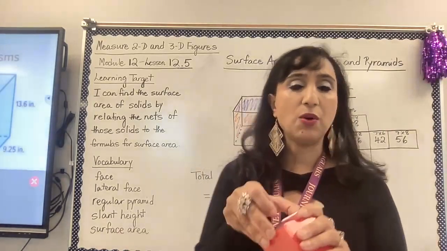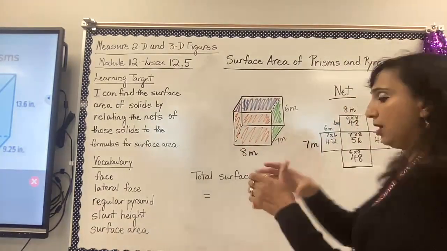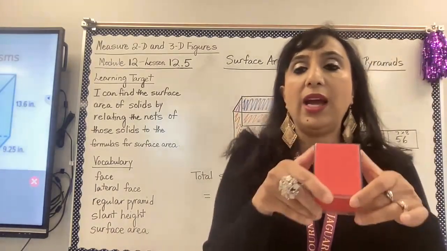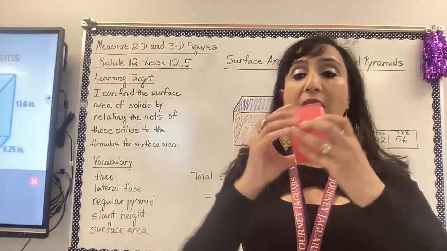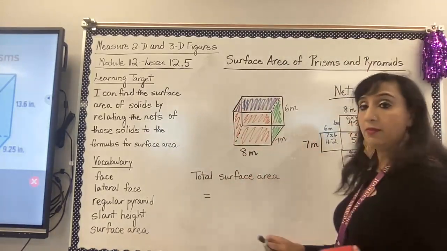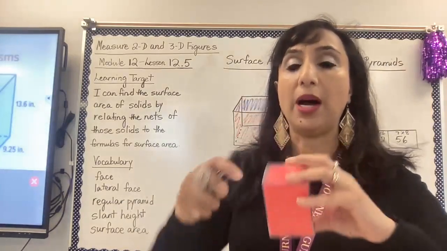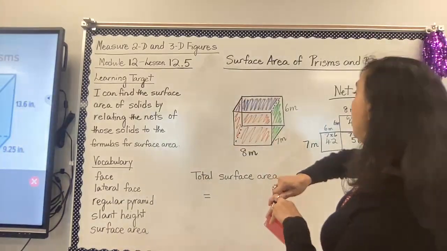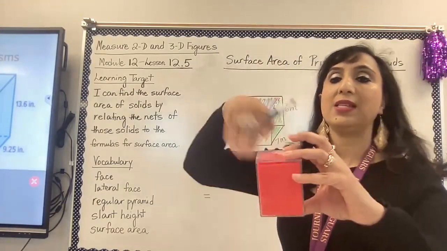So I just want to show you, I've drawn something over here. If I look at any box, because what is a box? A box is a prism, right? So let's say this is a rectangular prism. I am going to have a top and a bottom. On a 3D shape that you're drawing, you can see one part, but you can't see the back.